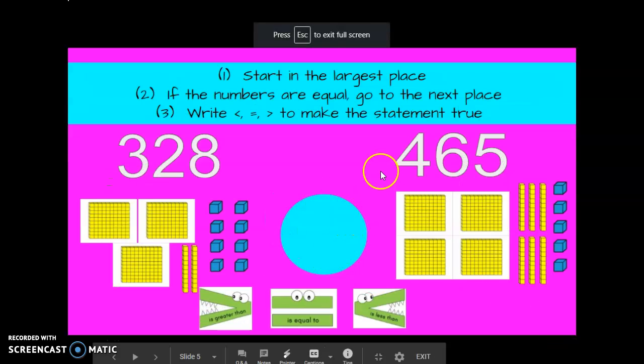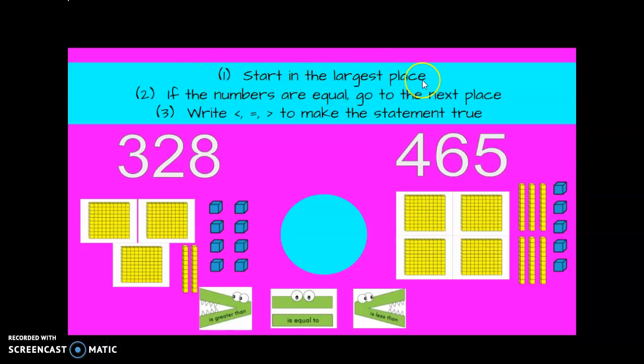So let's look at that with a larger number. So remember our steps. We're going to start with the largest place value. Our largest place value in a 3-digit number is the hundreds place. So here I have a 3 in the hundreds place, and here I have a 4 in the hundreds place. So I don't have to worry about step number 2 that said if the numbers are equal, go to the next place. The 3 and the 4 are not equal, so I don't have to move to the next place. I'm comparing 3 to 4.